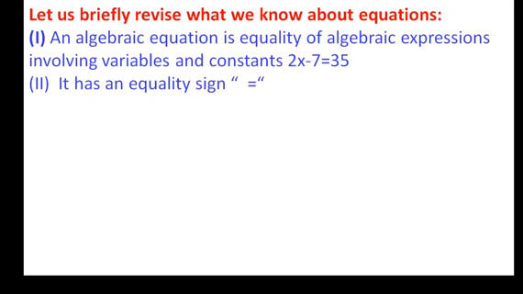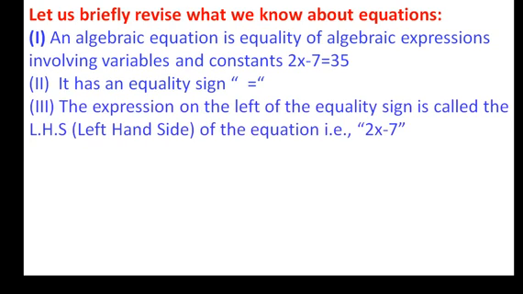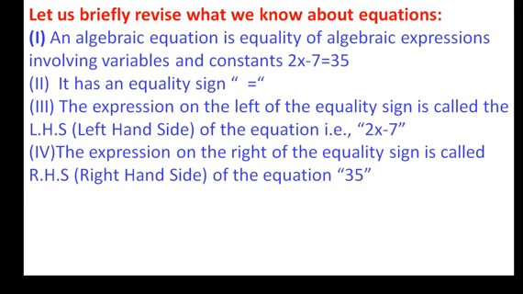The expression on the left of the equality sign is called the LHS, left hand side of the equation, that is 2x minus 7. The expression on the right of the equality sign is called RHS, right hand side of the equation, that is 35.